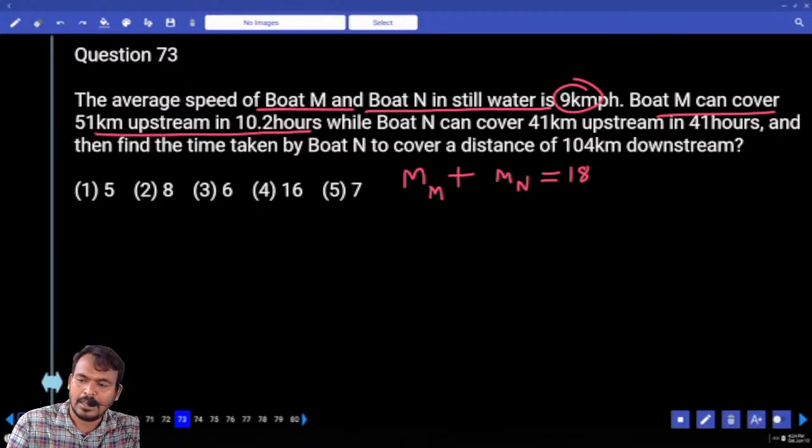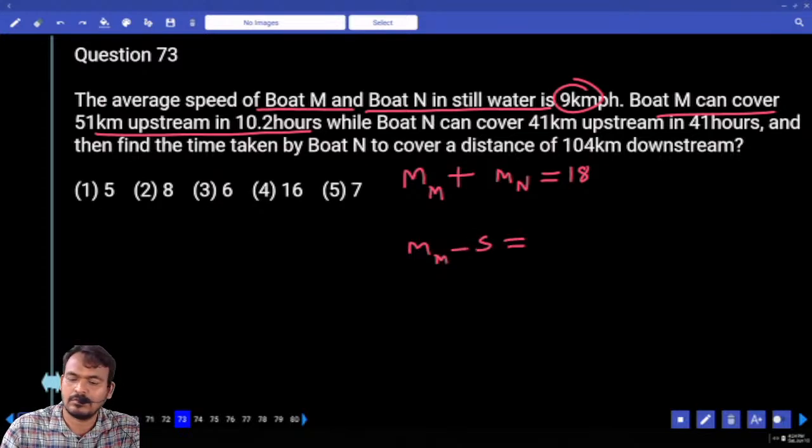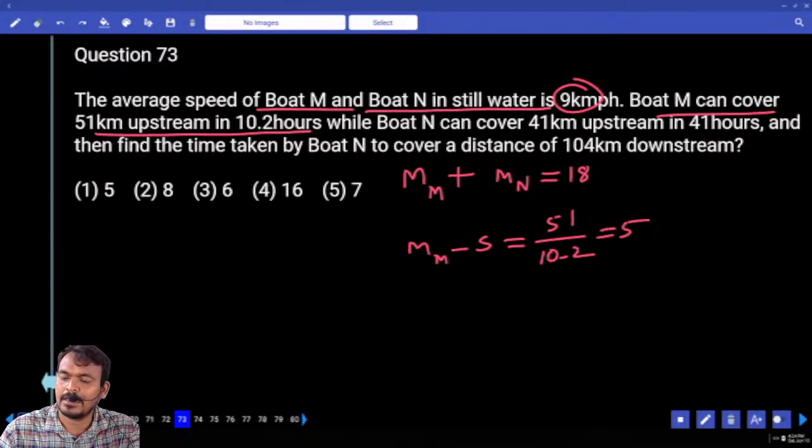10.2 hours. Normally upstream speed we write as M minus S, so M minus S equals 51 kilometers in 10.2 hours. How many times is it? 5 times.